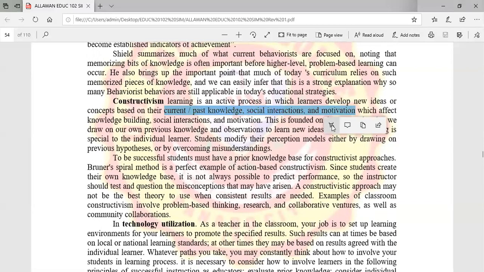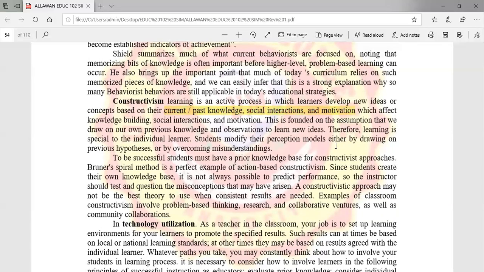From the word construct, they would be able to construct new ideas or concepts from their previous knowledge to the present knowledge that they have, and they would love to interact with other people, so they would have this teamwork skills, and they would also be motivated to gain more knowledge from their friends or any other experts.